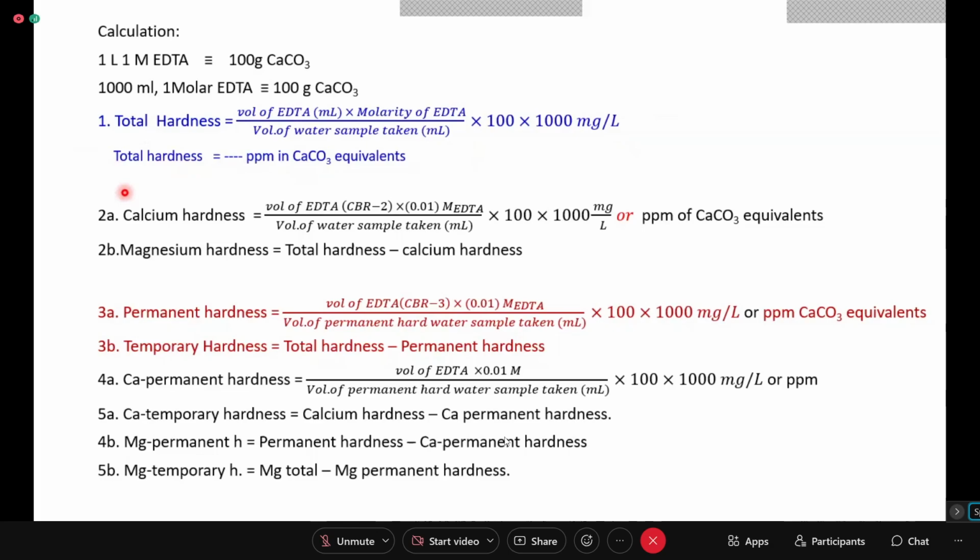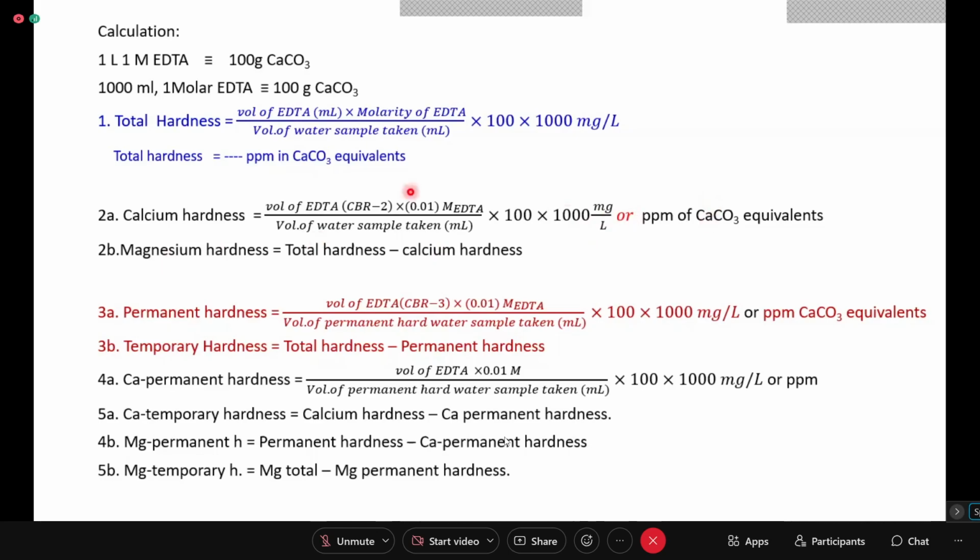So I call generally it as the grand total hardness. Then from this total hardness, the water sample, synthetic hard water is taken here. The CBR2 is taken for calcium, which is corresponding to the calcium hardness. So volume of EDTA CBR2 you will substitute here into the molarity of EDTA by the volume of water sample taken and multiplied by 100 for CaCO3 into 1000 converted into ppm.